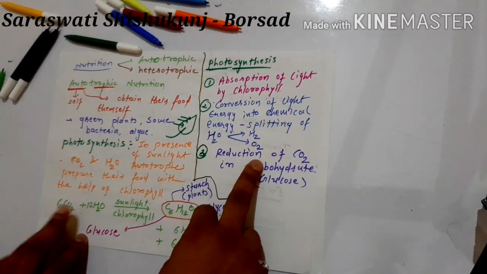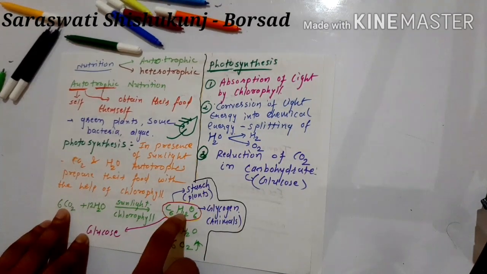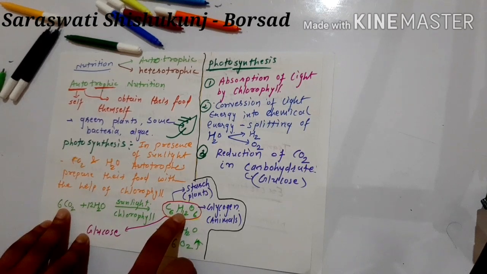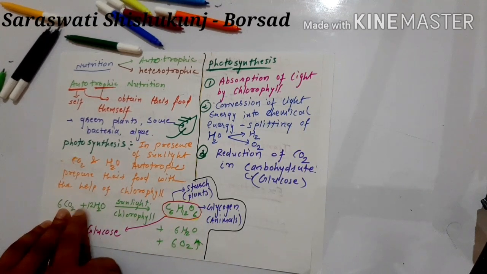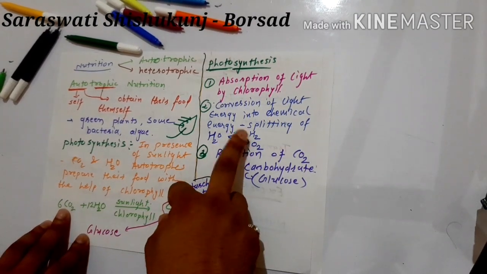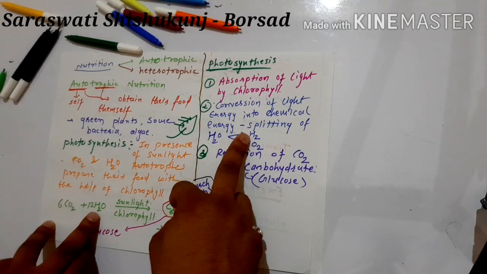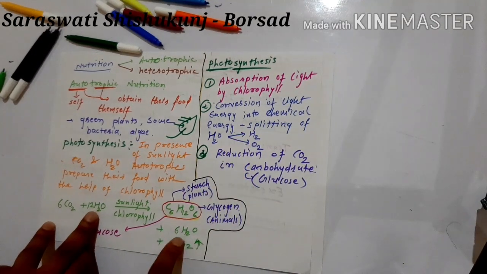There will be reduction of carbon dioxide into glucose, and during this reduction, we know that hydrogen is added and oxygen is removed. The oxygen which is removed will react with the hydrogen which was obtained during splitting of H2O, and it will give us water.